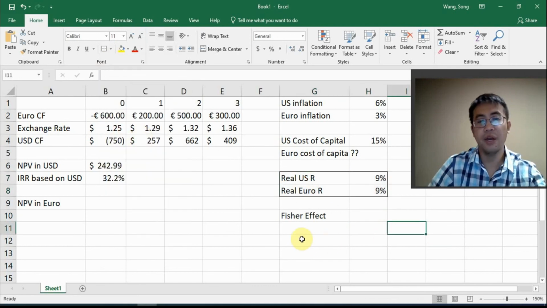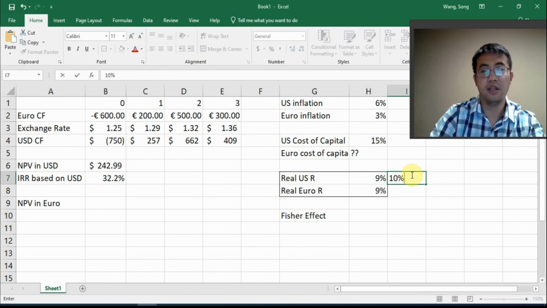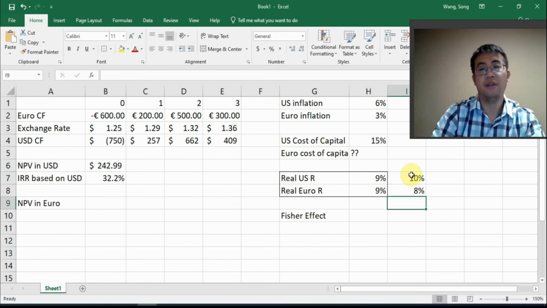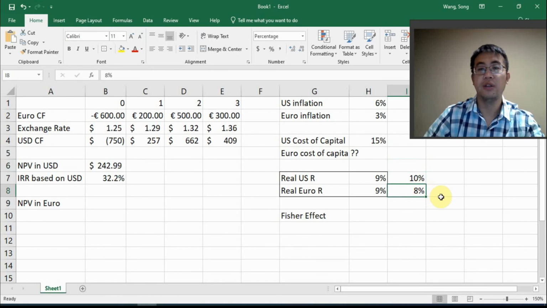So what happens if the real rate in the US gets higher? What happens if this is 10% and this is 8%? If that happens, it is more rewarding to invest in the US than in the Eurozone. The money would go to the US and leave the Eurozone, so there would be a scarcity of capital in the Eurozone.